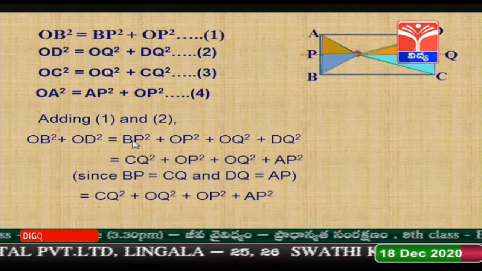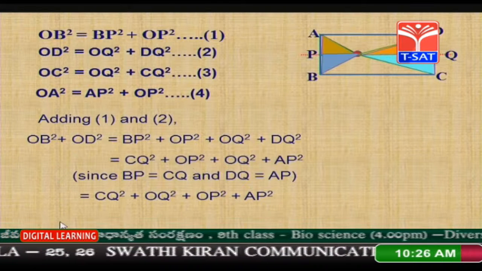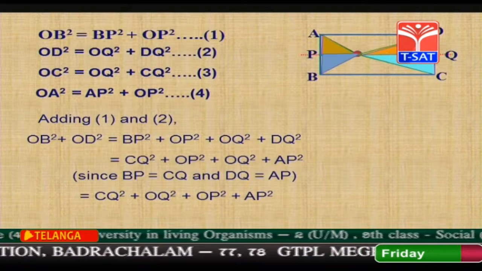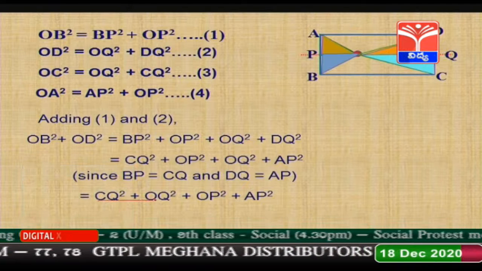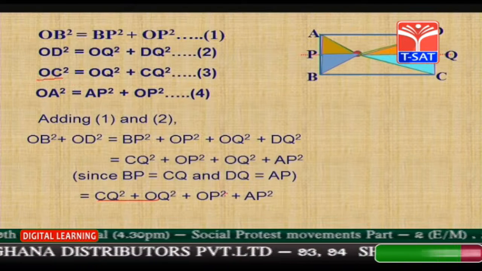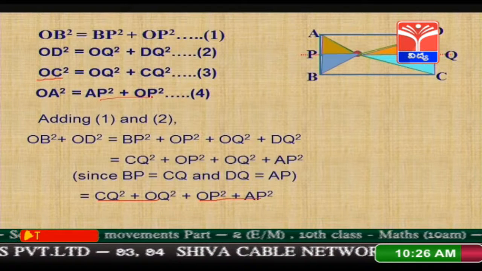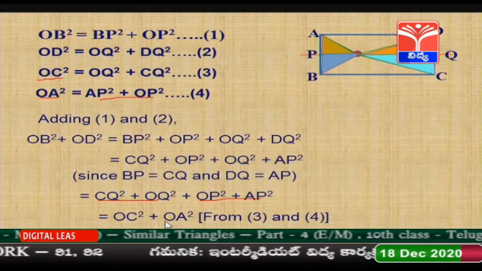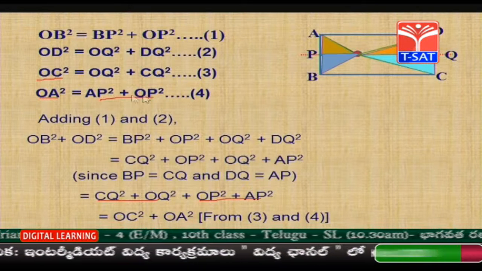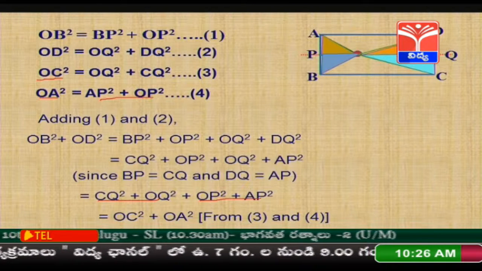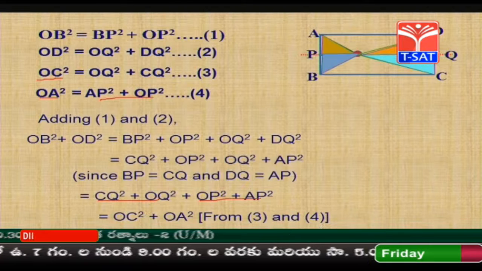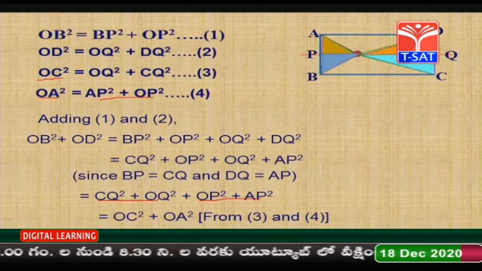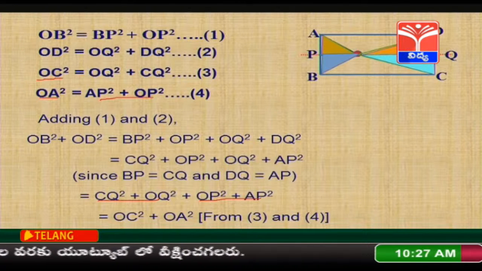Right hand side only I am changing, left hand side I kept as it is, and from the third equation OQ square plus CQ square is equal to OC square, and OP square plus AP square is equal to OA square. So OC square plus OA square. Hence proved, OB square plus OD square is equal to OA square plus OC square.